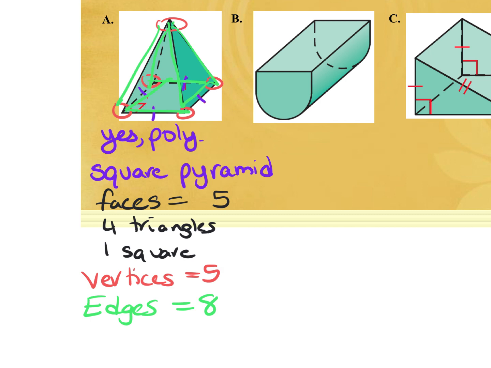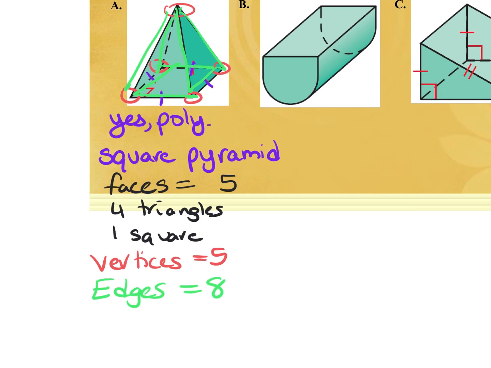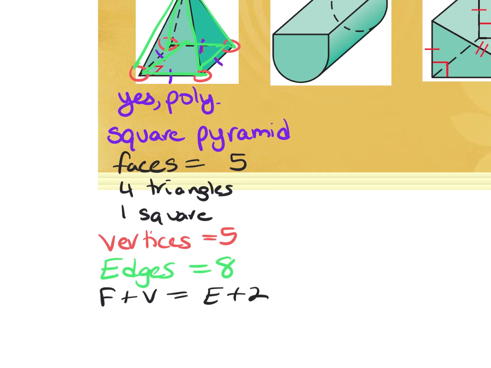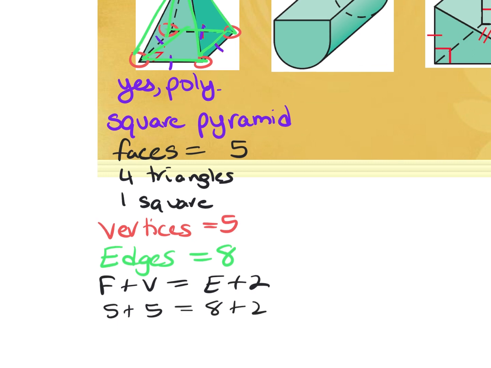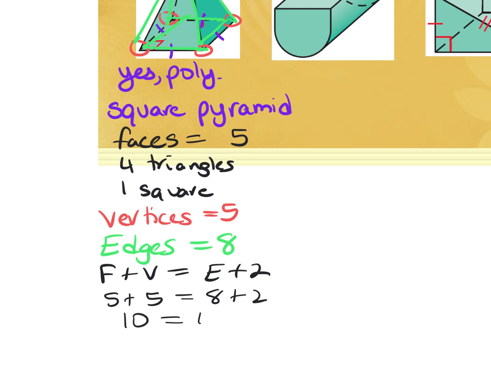And again, if you want to use Euler's to check it, faces plus vertices should equal edges plus 2. So faces were 5, vertices were 5, edges were 8, and 5 plus 5 is 10, 8 plus 2 is 10. So a little way to check your counts.